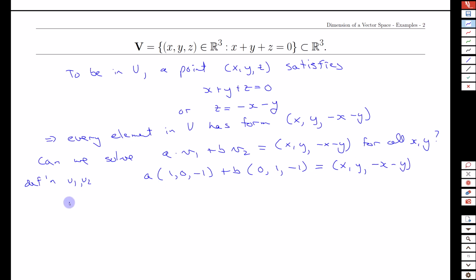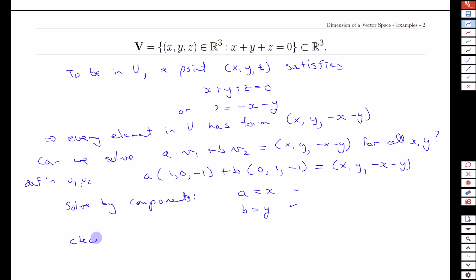And if we start solving, given x and y, can I find a and b? If I look at the first component, we get that a plus no b's equals x. And what about the second component? Well, it's 0a plus b has to equal y. Okay, so that's fine. I know what a and b are.